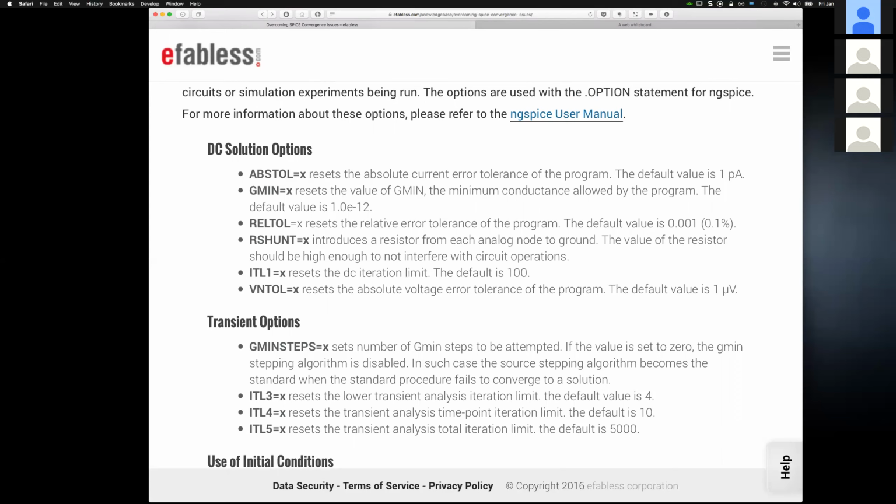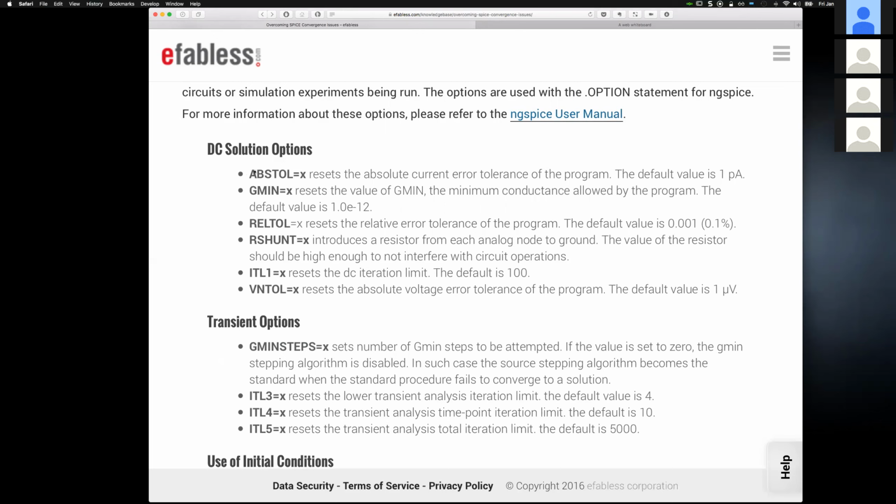So if any one of these parameters is adjusted in such a way that it impacts the final solution value, that is a red flag. For example, if I'm changing any one of these tolerances or controls and the voltage reference changes by a large amount, that means there is a risk that either the circuit is really failing big time, or there is something I'm doing that's modifying the circuit.